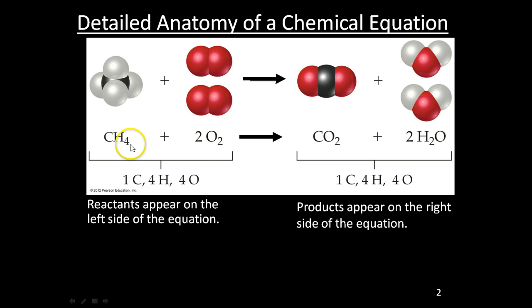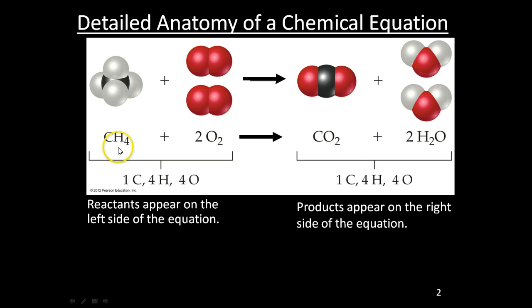The traditional way to show a chemical reaction is down here, this not quite as detailed chemical equation. Notice on the left-hand side we have two different molecules, and on the right-hand side we have two different molecules. In the middle there's this arrow, called a reaction arrow. Things on the left-hand side of the reaction arrow are called reactants. Things on the right-hand side are called products.